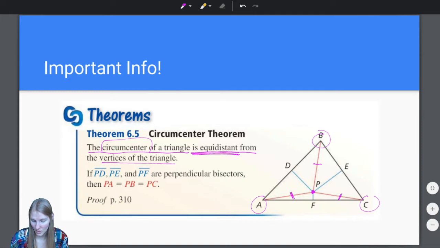I know that from the circumcenter to the vertices of the triangle, the distances are all the same. So if these blue lines are perpendicular bisectors, then PA, PB, and PC are all equal. The distance from the circumcenter to every corner is the same. Awesome. Beautiful.